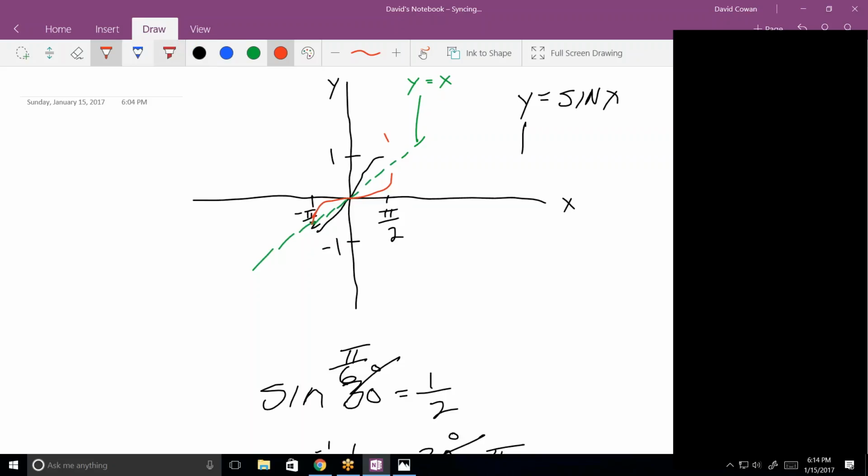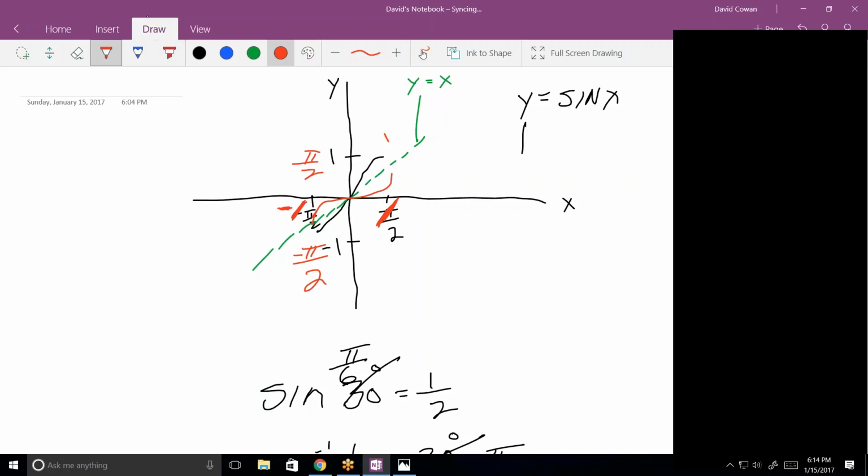So my new domain for my red line is, this is pi over 2, this is minus pi over 2, this is 1, and this is minus 1.